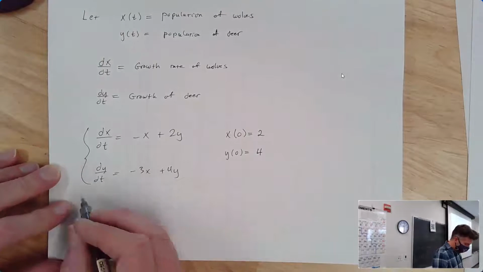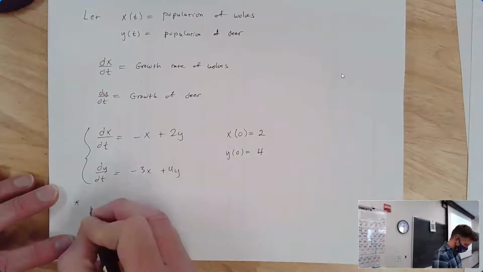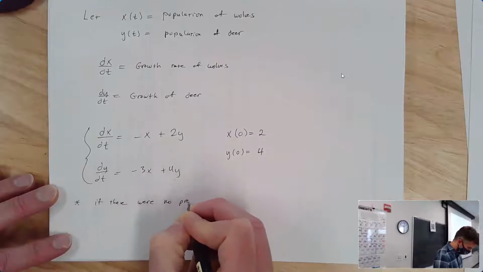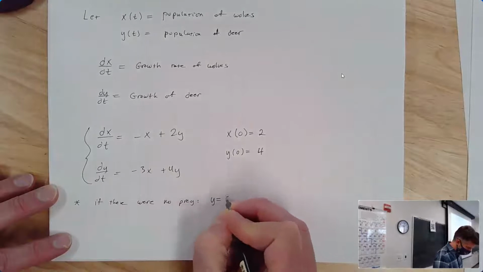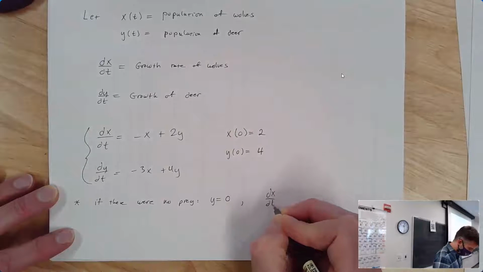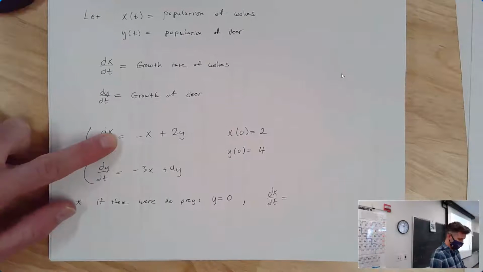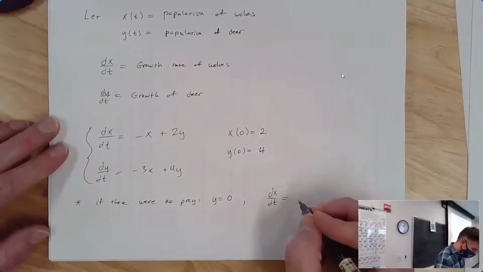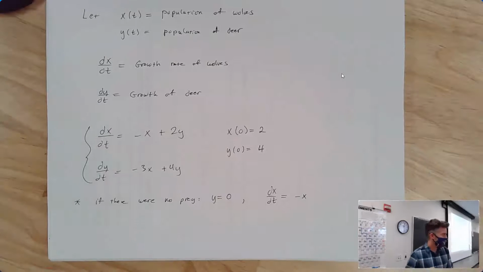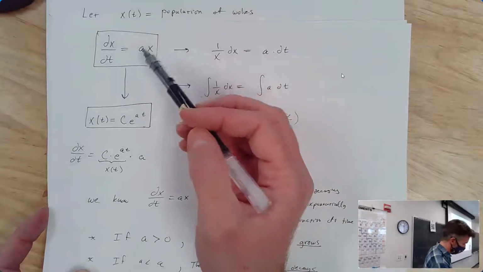So let's think about what this means for a second. If there were no prey, that is, if y were equal to 0, then we would have dx/dt equal to what? Well, what are we left with? Just negative x. But we know what that means. This is exactly like the thing we did in the beginning, where dx/dt equals ax.